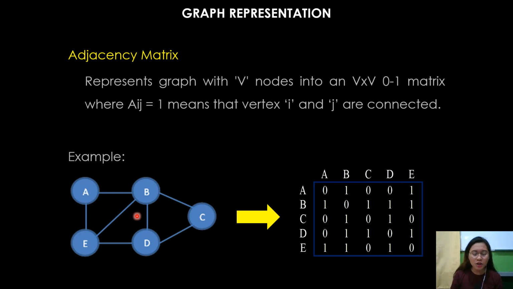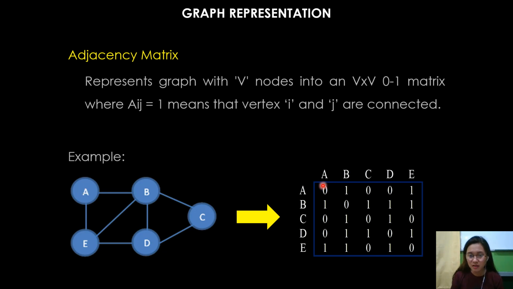And the graph does not contain any self-loop. What do we mean by that? A has no connection with itself. That's why vertex A to vertex A has a 0 value here. It means there is no connection, that is, the graph does not contain a self-loop.